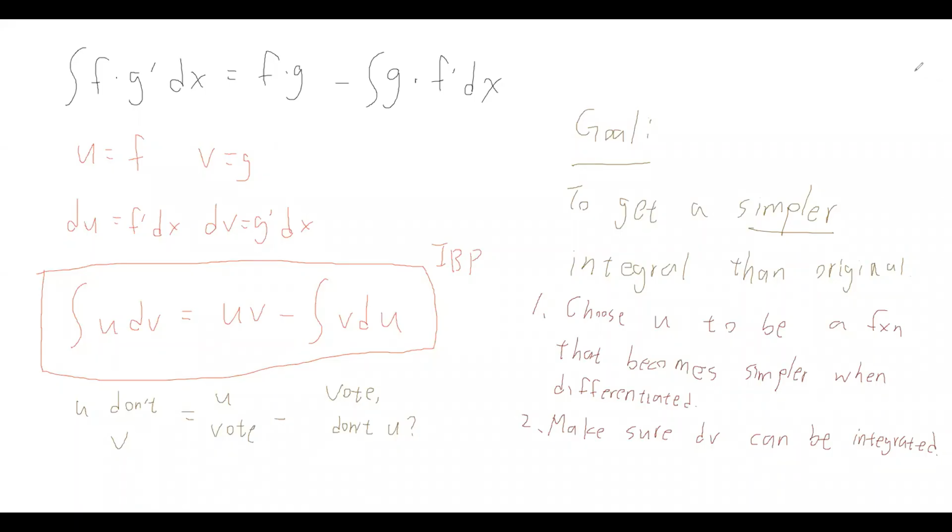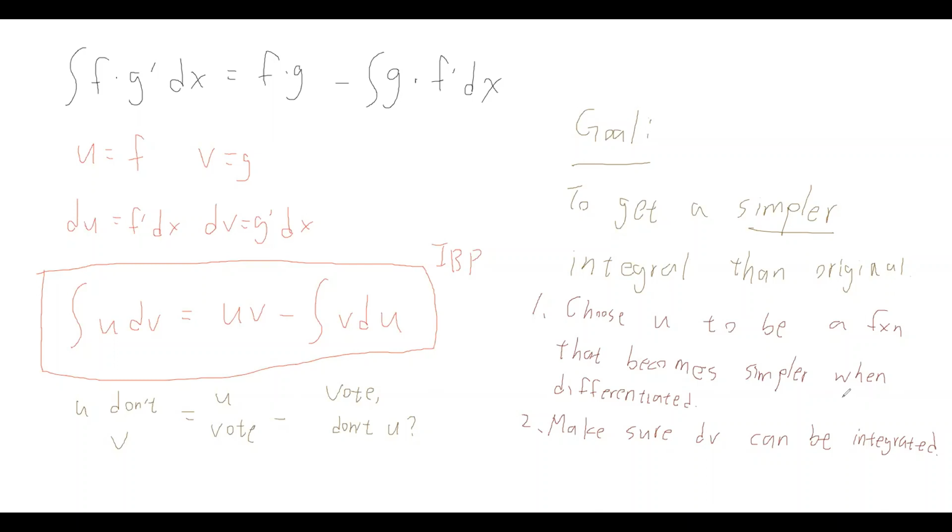All right, now there are two techniques that we're going to use. First, we want to choose u to be a function that becomes simpler when differentiated, right? For example, ln is a little hard to work with, but if you differentiate it, you get 1 over x, which is pretty easy to work with.